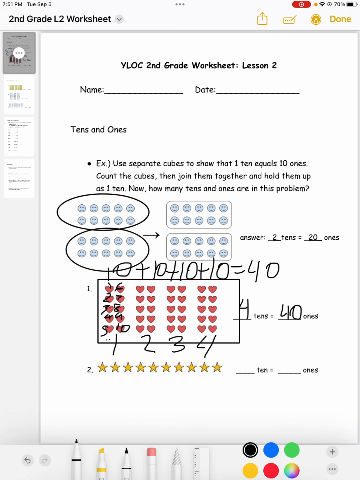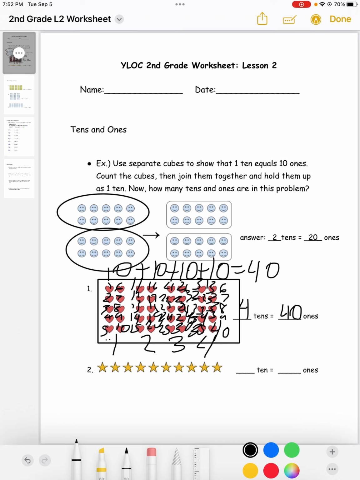So there are 40 ones. And if you can't do this mental math in your head, 10 plus 10 plus 10, 4 times, then you could just count it out like this. We could just start off with 10 because we already know there's 10 here. 11, 12, 13, 14, 15, 16, 17, 18, 19, 20, 21, 22, 23, 24, 25, 26, 27, 28, 29, 30, 31, 32, 33, 34, 35, 36, 37, 38, 39, and 40.